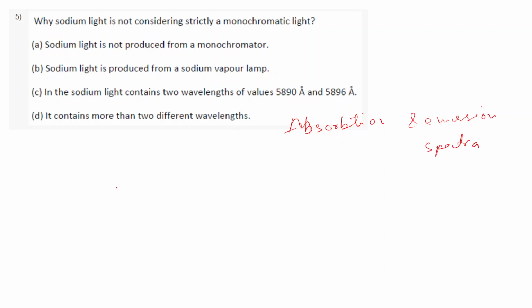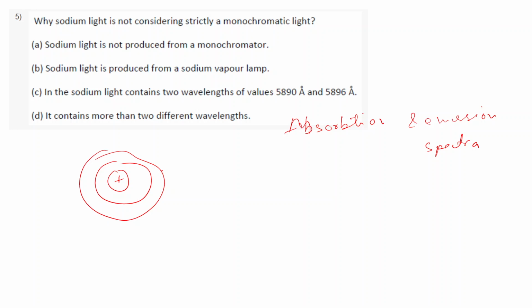Right now, I gave you a hint that around the nucleus we have different energy levels, and when an electron goes from a lower energy level to a higher one, or comes from a higher energy level to a lower one, in that situation we get some spectra.